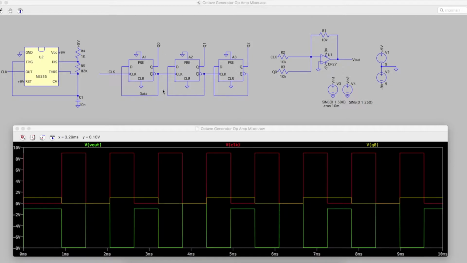And this is a ripple counter, where the clock of each successive stage is clocked from the output of the previous flip-flop. Instead of all being run synchronously from the same clock, they are asynchronous. One's clocking the next, and it gets slower and slower.